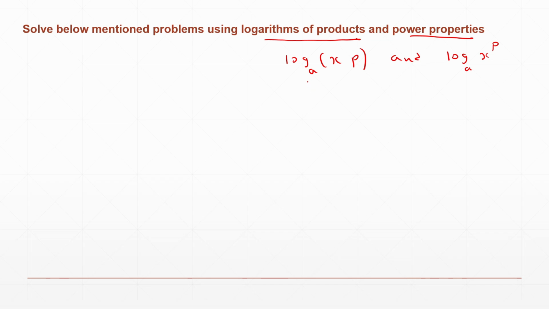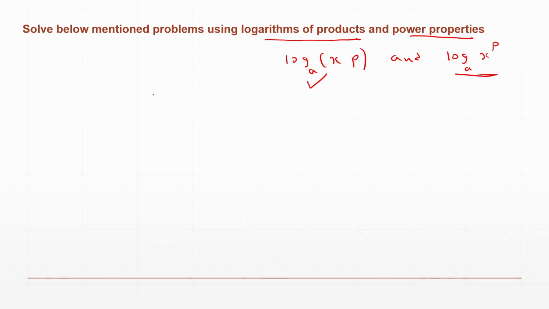I have taught you this concept in the previous session. If you haven't watched it yet, you need to go back and watch it first and then come back here. This is the session that we are teaching today, and in order to carry out this example, you need to use both concepts.